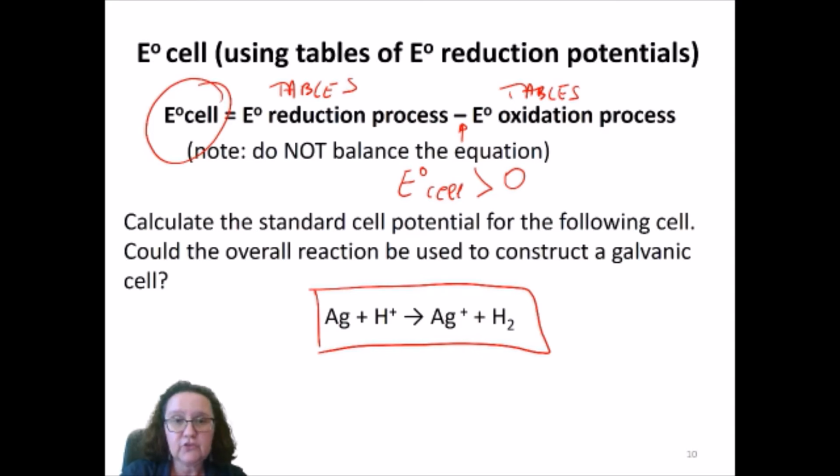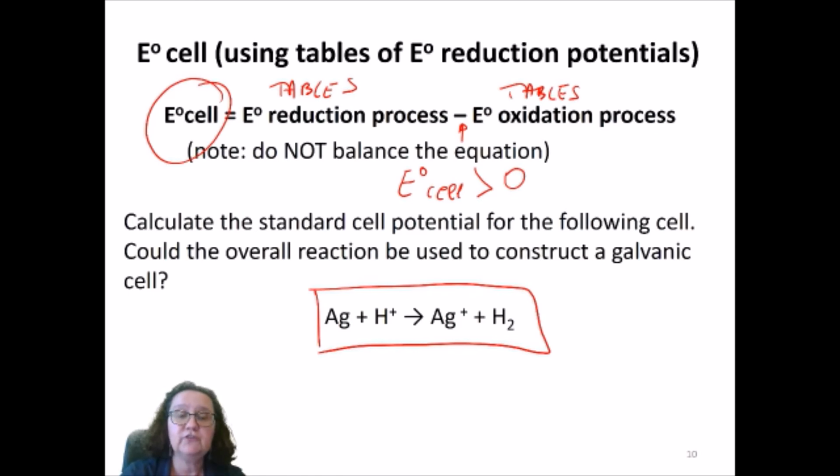The concentration, the number of ions involved, etc., will affect how long that cell will run. So higher concentration, lower concentration will affect the amount of time that reaction takes place, that galvanic cell runs, but the voltage will not be affected.